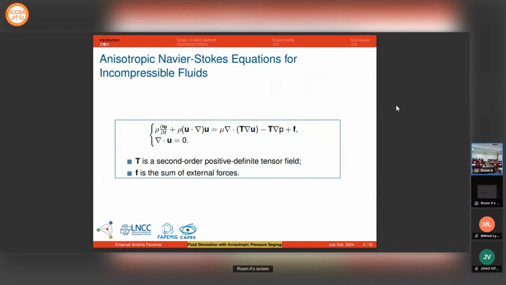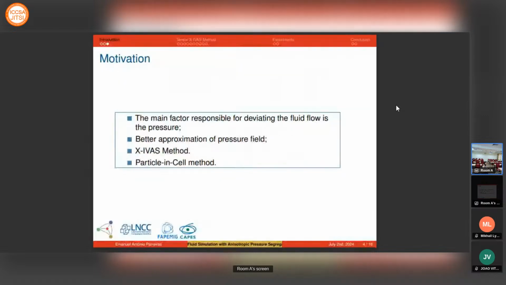T is a second order positive definite tensor field, and F is the sum of the external forces. All other terms are equal to the standard Navier-Stokes equation.